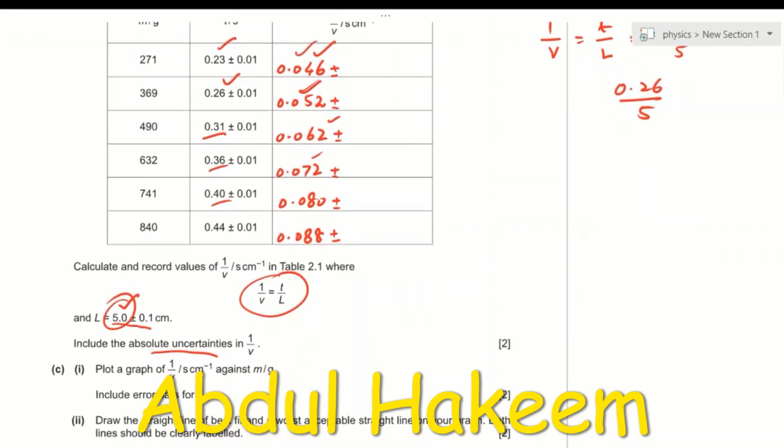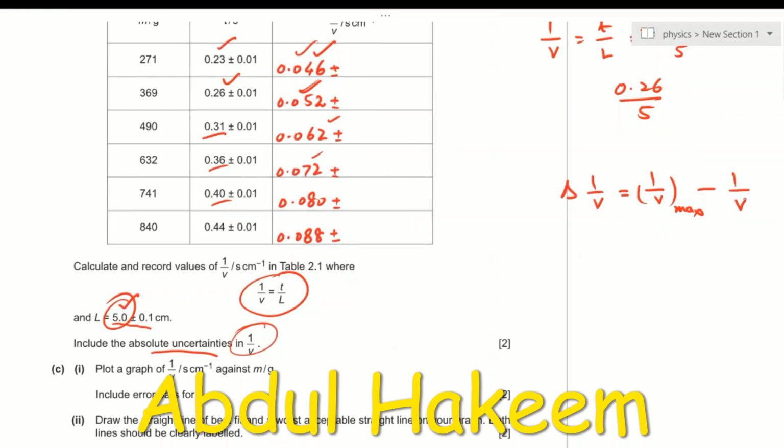Now the important point is we have to calculate the absolute uncertainty in 1/v. So delta(1/v) is equal to the maximum value of 1/v minus the calculated value.